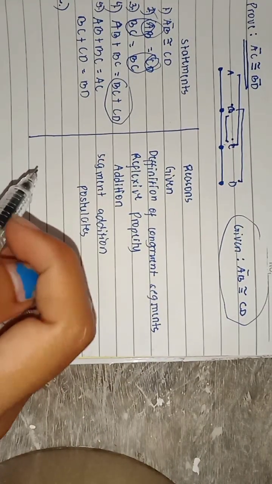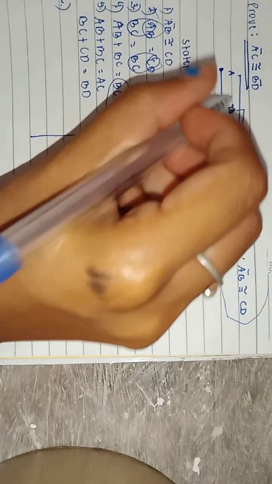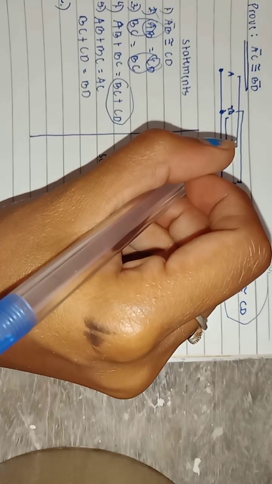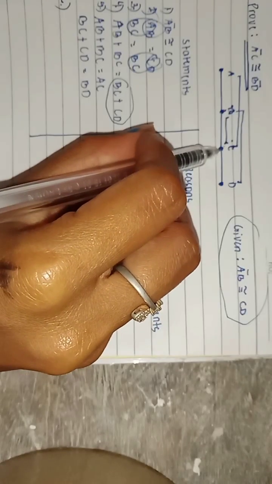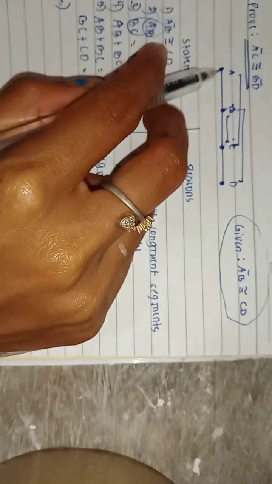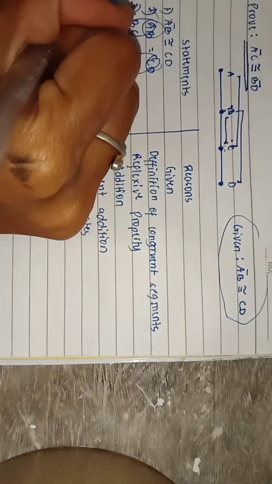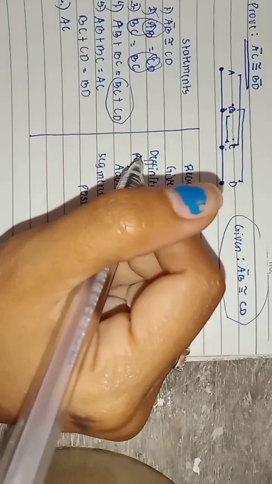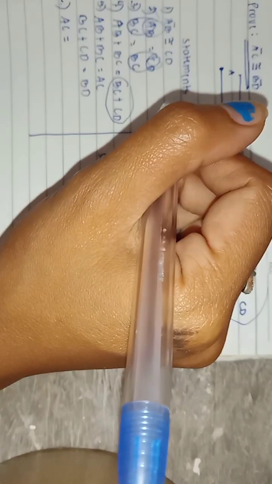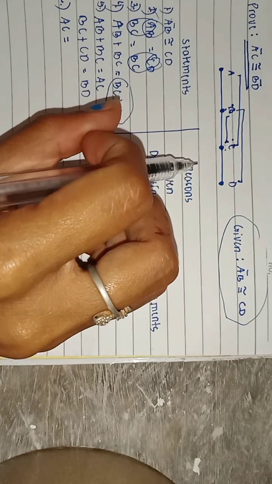So now our next step is to replace, because AB plus BC is equal to AC in equation 4. We're gonna replace AB plus BC with AC here in our step 6, and it is equal to, now BC plus CD is equal to BD.